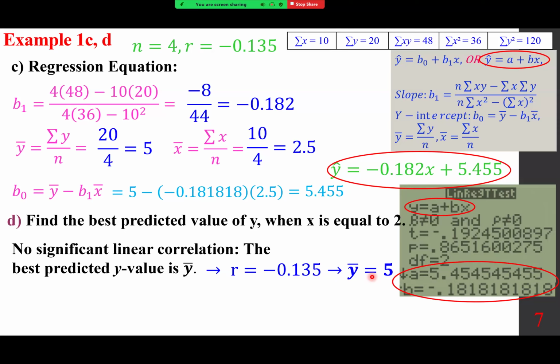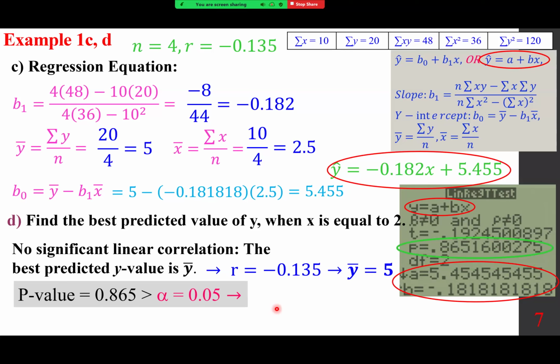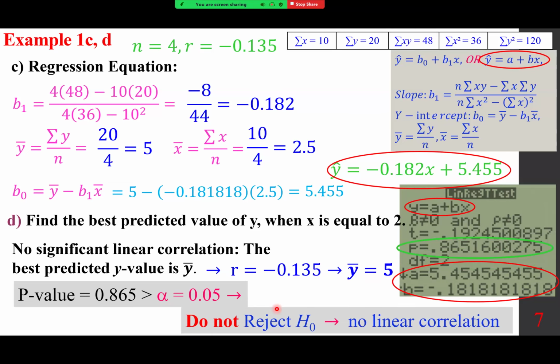And of course, again, reminding you of the p-value that was done, which is 0.865, way larger than alpha 0.05. Failed to reject H0. That's what we have done as far as the correlation is concerned.